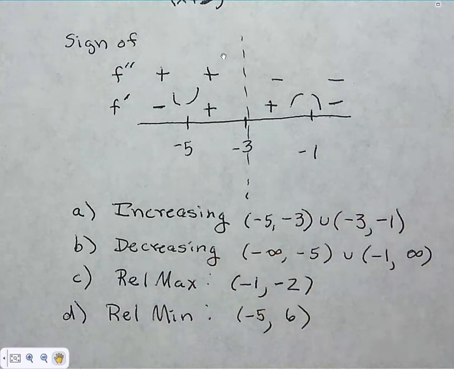Which brought to mind a very interesting question. How can there be a max at -2 and a min at 6 if 6 is bigger than -2? I don't get that. Hang on one second. Think about it. How's that possible? All right, tell me what you think.